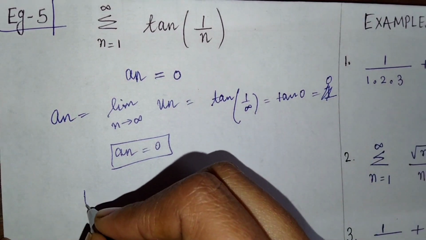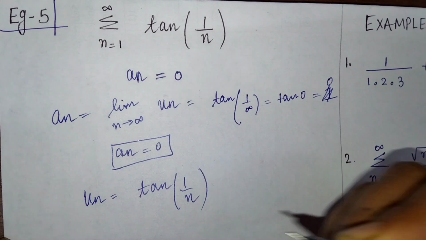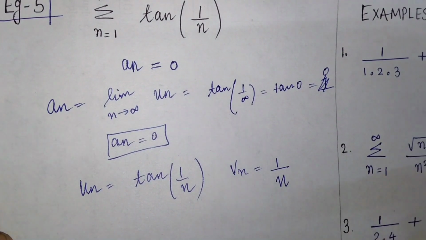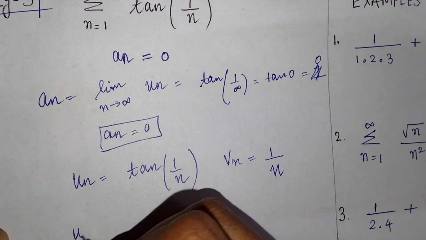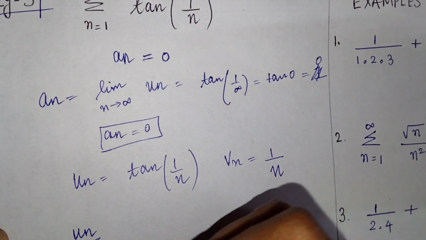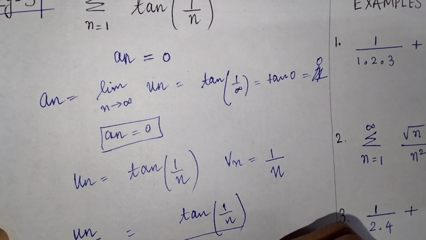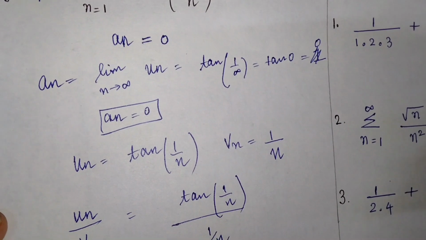Okay, so we have Un equal to tan(1/n), and Vn will be 1 by n. Now according to the comparison test, if we take the ratio of Un by Vn, then we will get tan(1/n) upon 1/n.